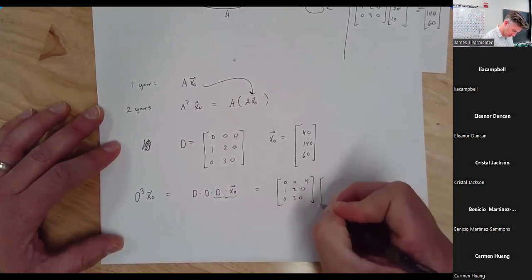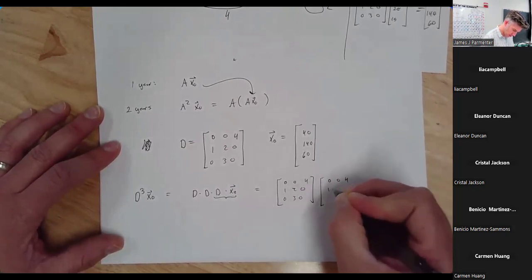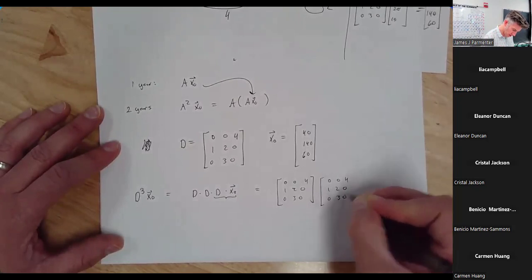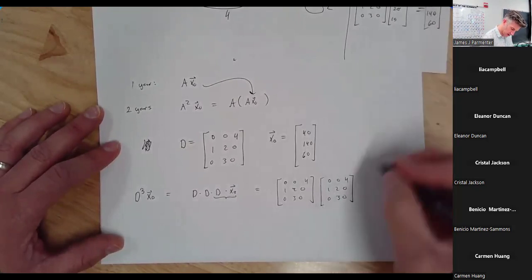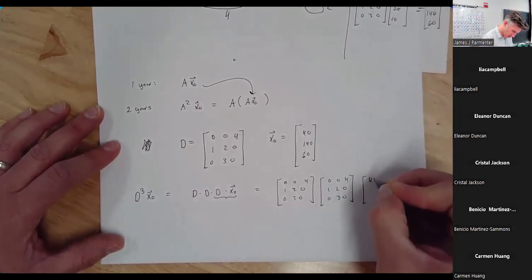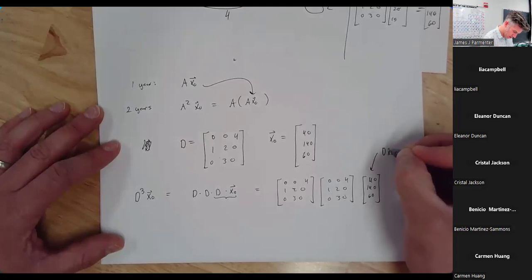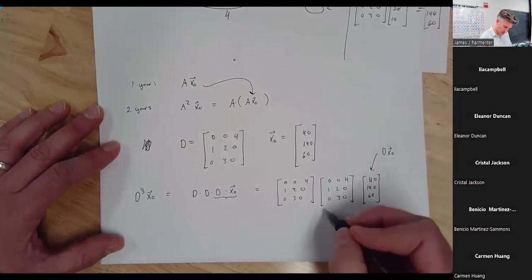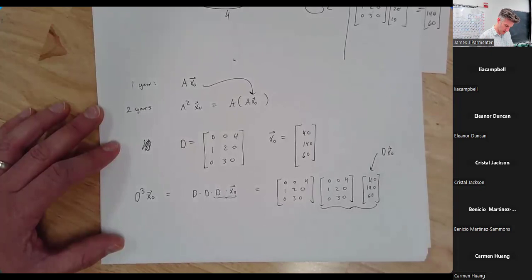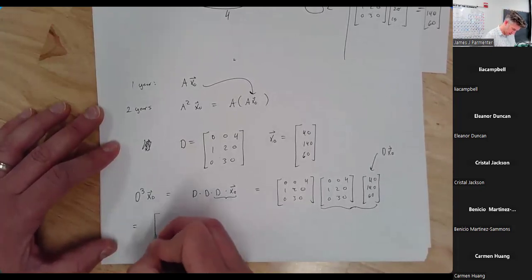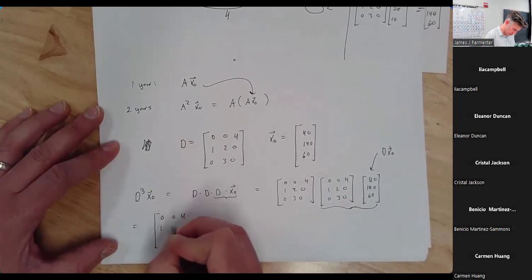We're going to do it again, multiplied by the 40, 140, 60 that we got from doing it one time already.